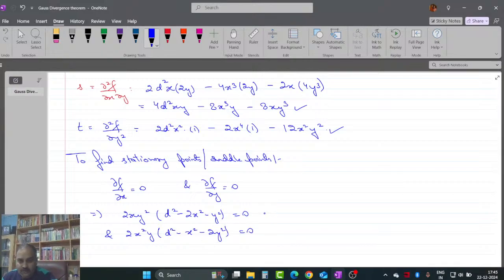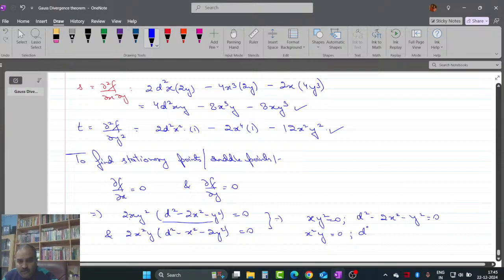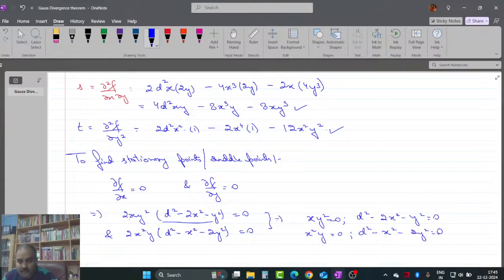Okay, so from this one I can say 2xy² = 0, or this part equals 0. That means either xy² = 0, or d² − 2x² − y² = 0. Again from the same step, either x²y = 0, or d² − x² − 2y² = 0.